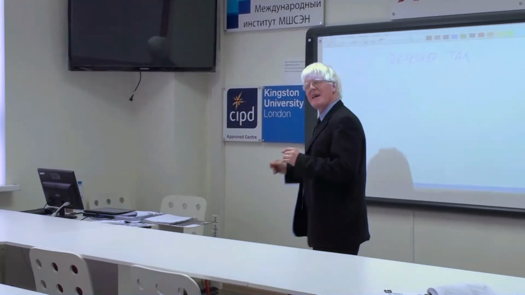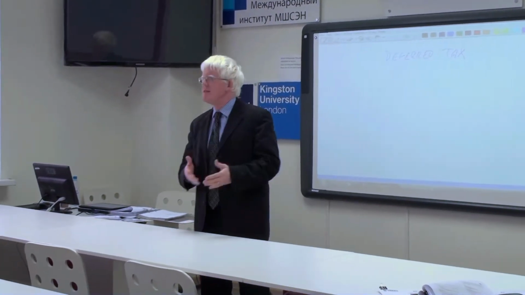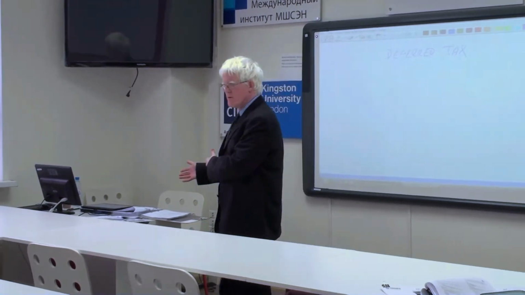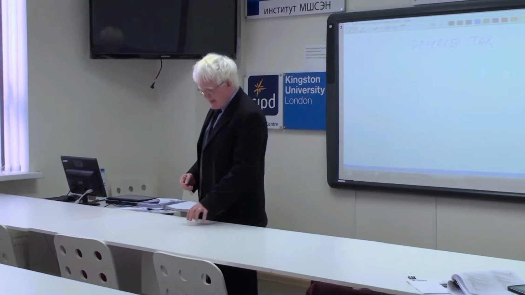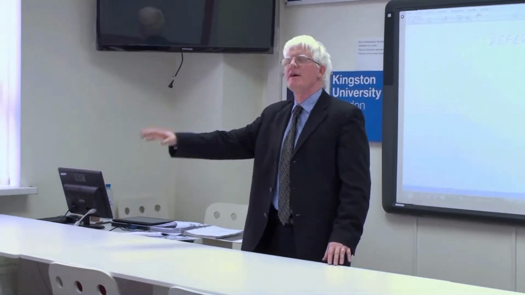This is real money. But deferred tax is accounting for the differences between the tax and accounting rules. It does not arise in any cash payment, because what you're saying is this is a potential future tax liability resulting from accounting transactions.